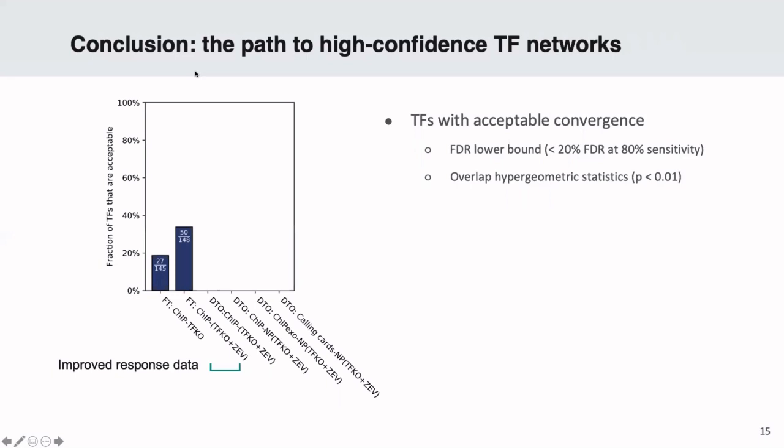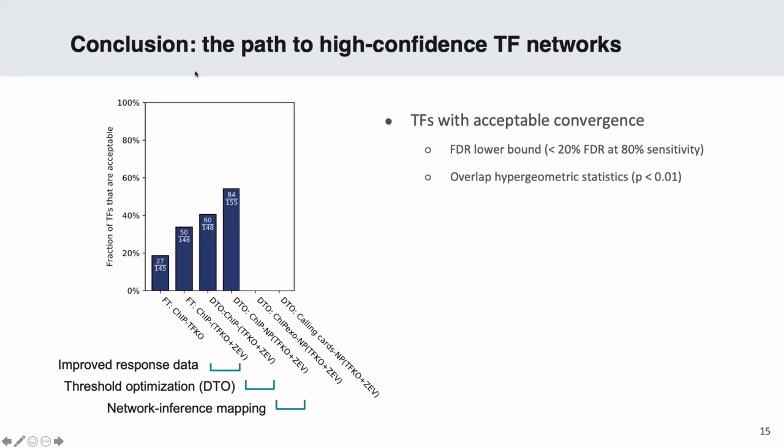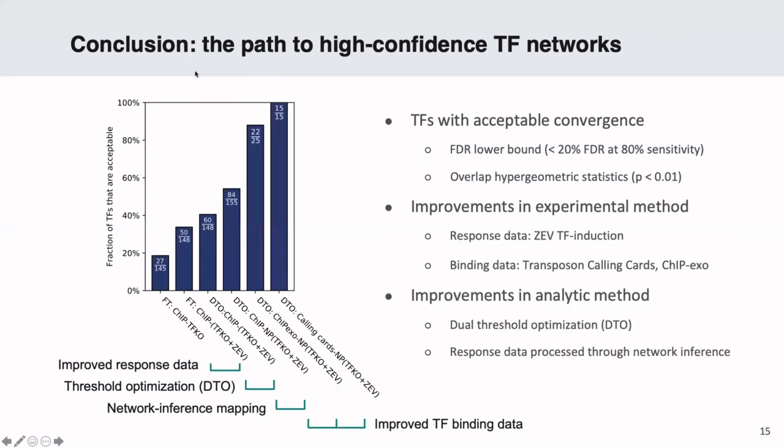We were able to improve our results by first incorporating newer response data from the ZEV system, and developing a new method to choose the thresholds from both TF binding location data and TF perturbation response data, called dual threshold optimization. We also used network inference to process our response data, which shows further improvement. And lastly, with the incorporation of newer TF binding location data from transposon calling cards or ChIP-exo, we're showing even greater improvement.